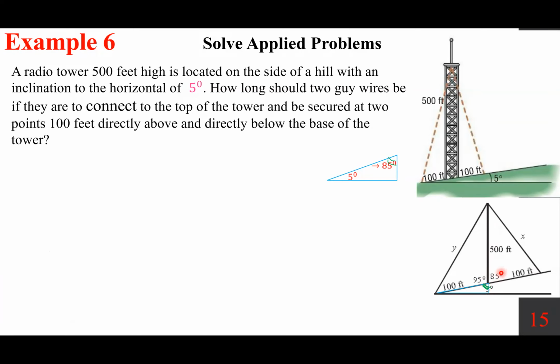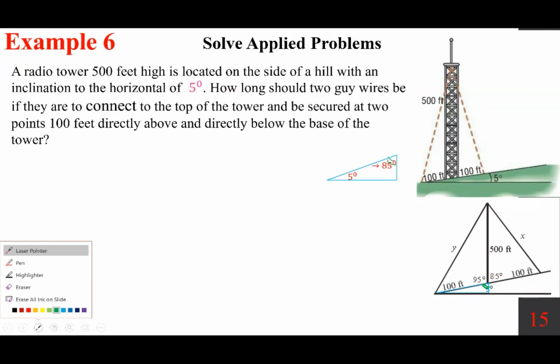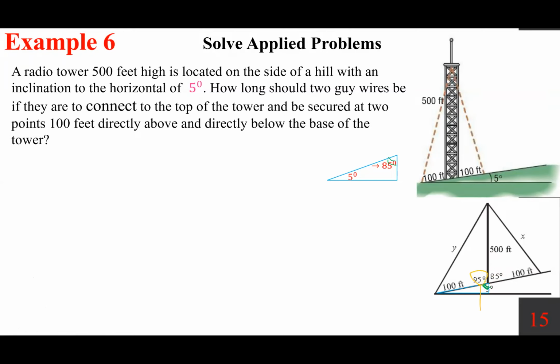One more time, this small angle of inclination is 5 degrees, and this is a right triangle. This is 85 degrees if you drop a perpendicular. Since this is 85, this is 85. And this one is 180 minus 85. I want to make sure everybody understands why this is 95 degrees, because it's 180 minus 85 degrees.